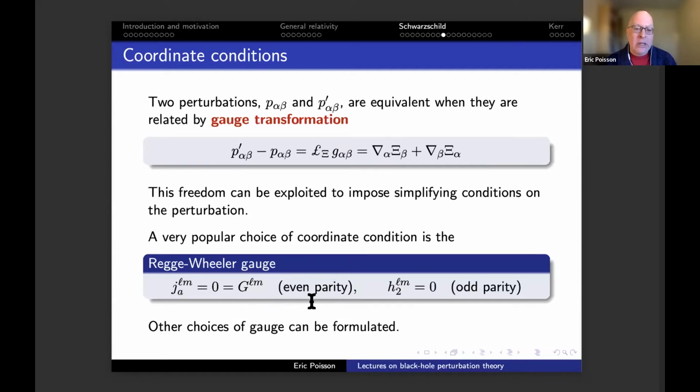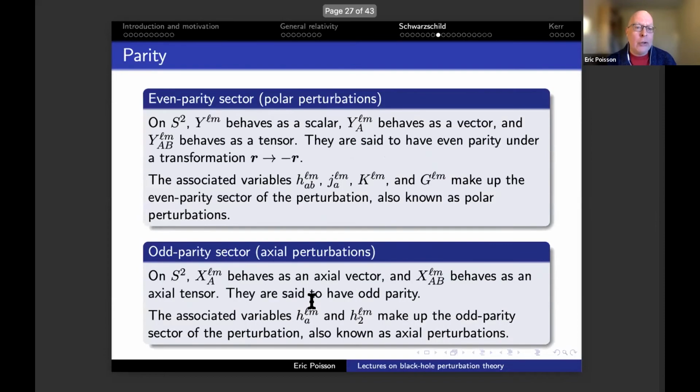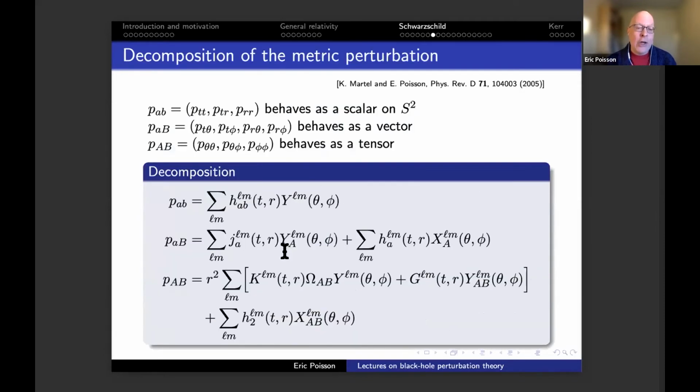So if I go back to the decomposition I had before, what I can declare, using the freedom that I have, is to say that this can be set to 0 and this can be set to 0. I have the freedom to impose those choices, and if I do that, then yes, I will simplify the description because I will kill degrees of freedom in the description of my metric perturbation.